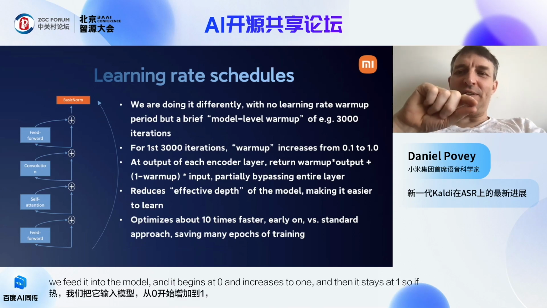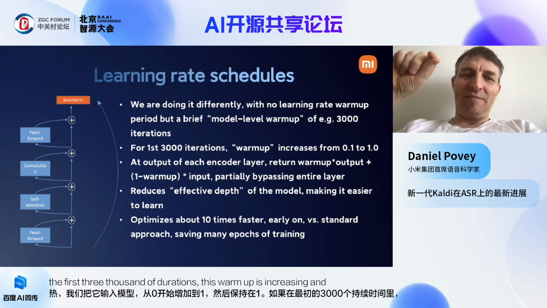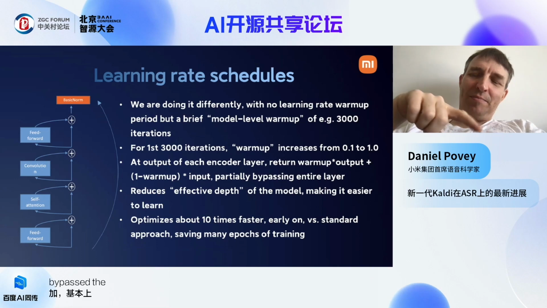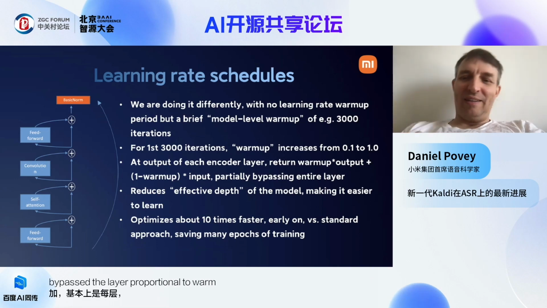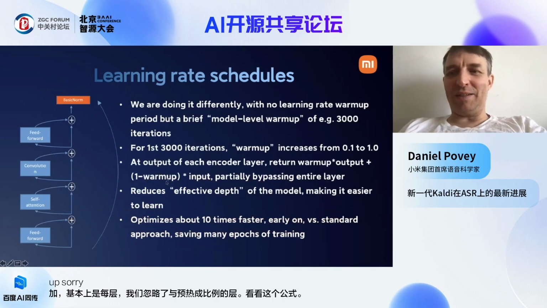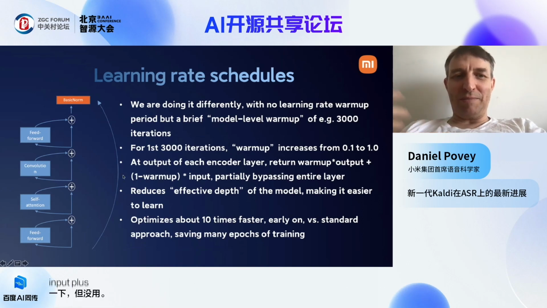So for the first 3,000 iterations, this warm-up is increasing. And basically, for each layer, we bypass the layer proportional to warm-up. So look at that formula there. We return 1 minus warm-up times input plus warm-up times output.